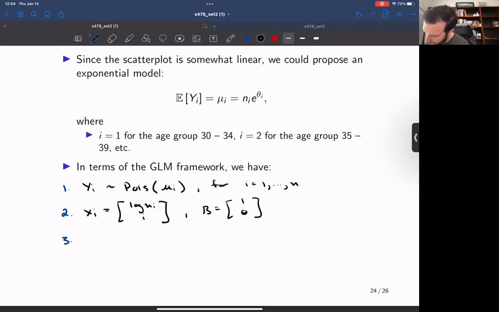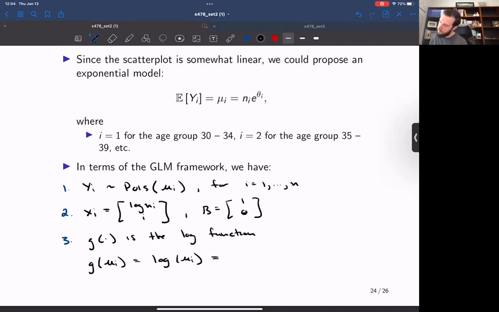So then in part 3, we would say g is going to be, again, the log function such that g of mu_i is equal to the log of mu_i, which is equal to log n_i plus theta_i.